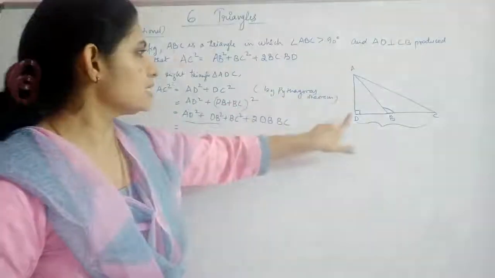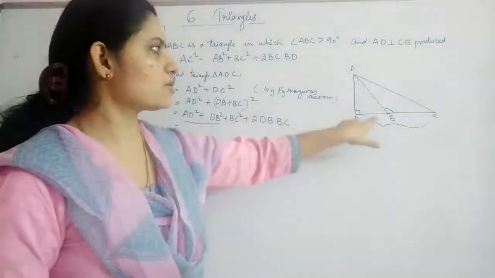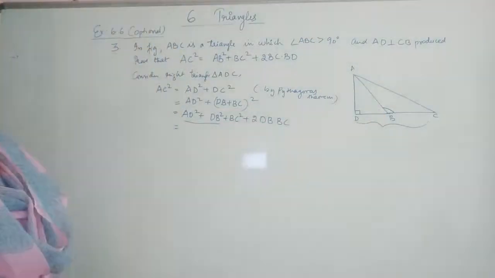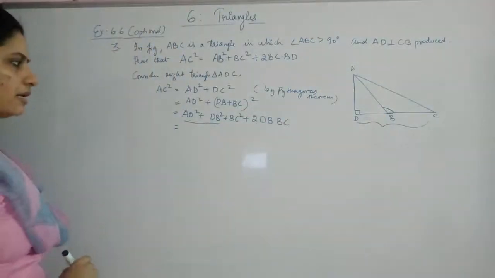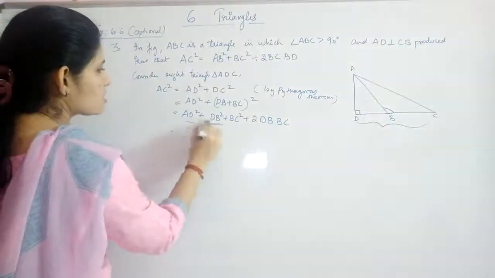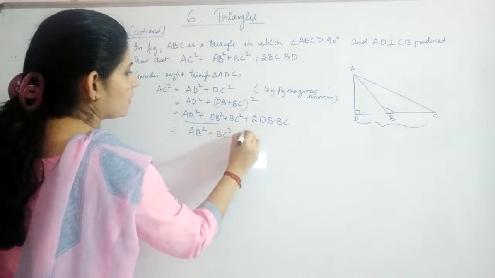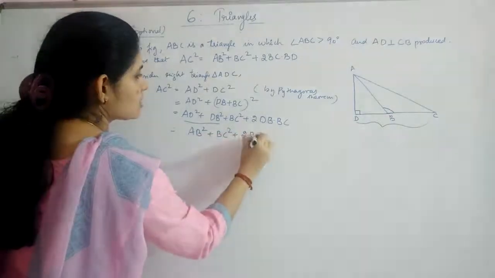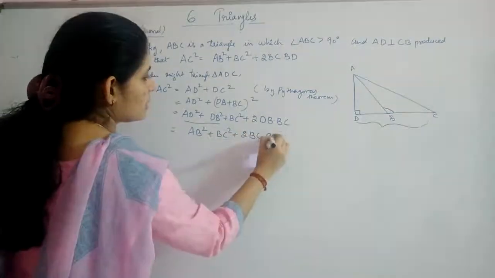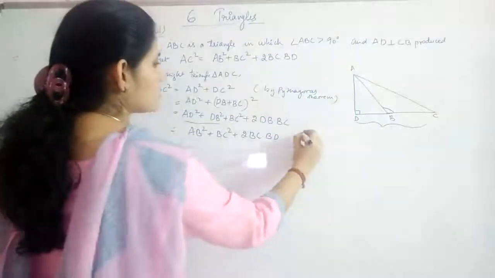And what about these two terms? AD square plus DB square will be AB square, since ADB is also a right angled triangle. So I'm just writing these two together to be AB square, which will give you the result BC into BD. Why have I replaced this?